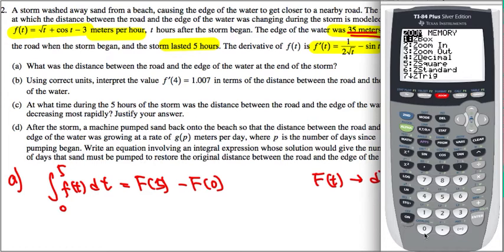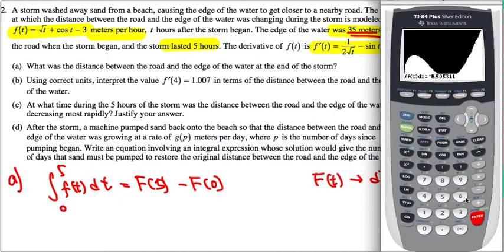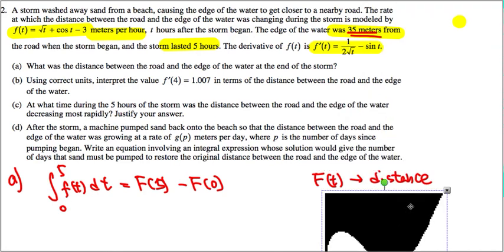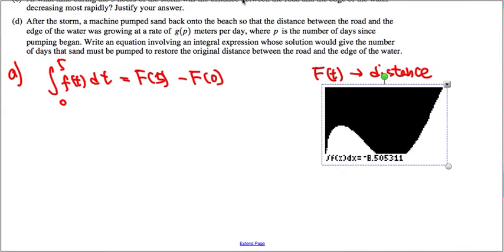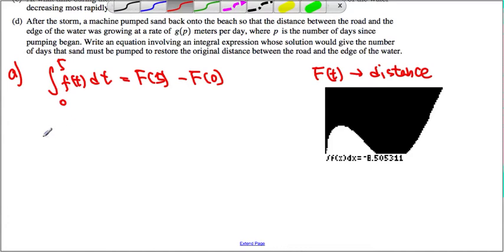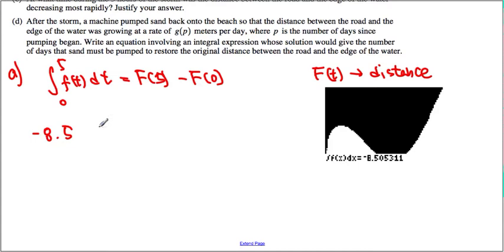Actually, we forgot to go for zoom fit. Then here we have 0 to 5, second calc, number 7. The lower limit becomes 0 and the upper limit becomes 5. Notice the x-axis has to be on top somewhere here. Then we end up getting this portion negative, 8.505, which will be equal to F of 5 minus 35.